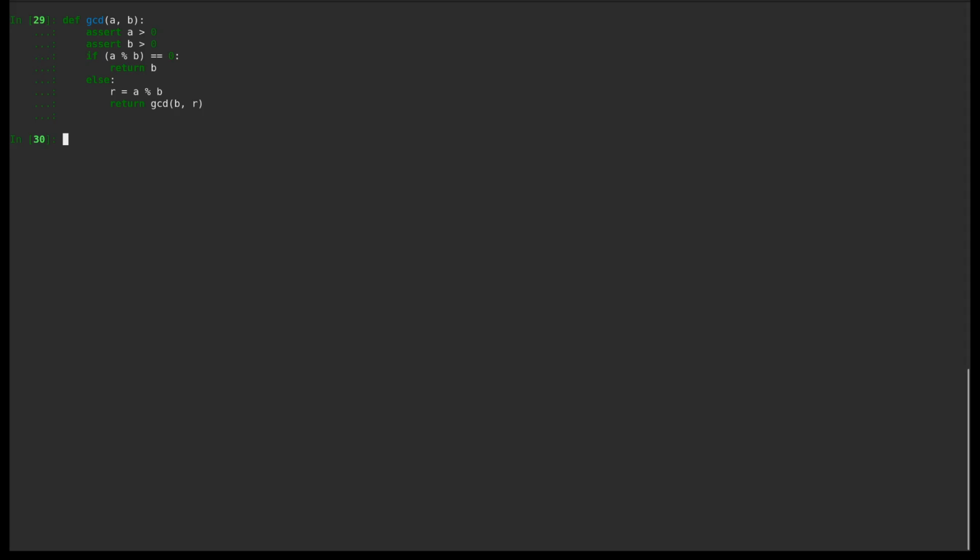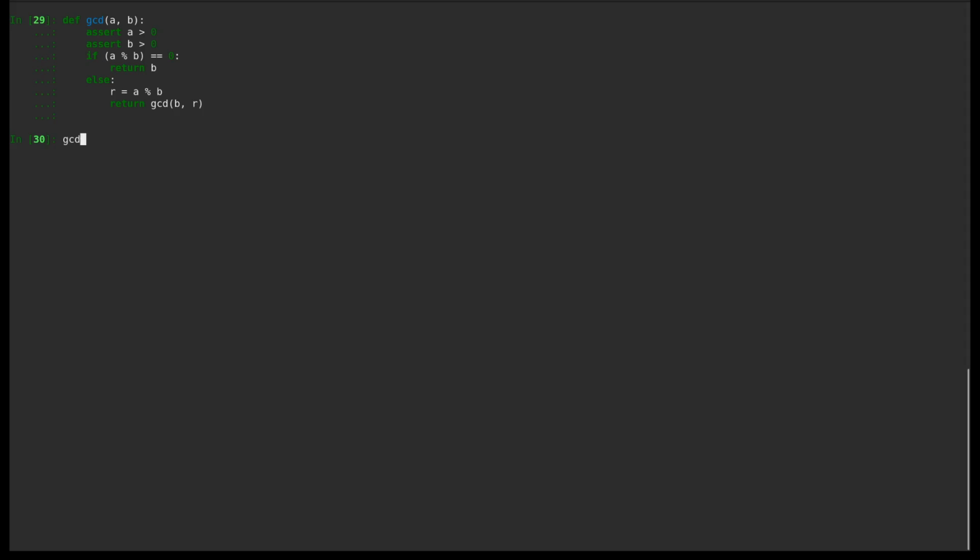And then, of course, if a % b equals 0, then we've found our greatest common denominator, and it's b. Otherwise, we find out what the remainder is, and then we check on the GCD of b and r. And that's the algorithm right there.